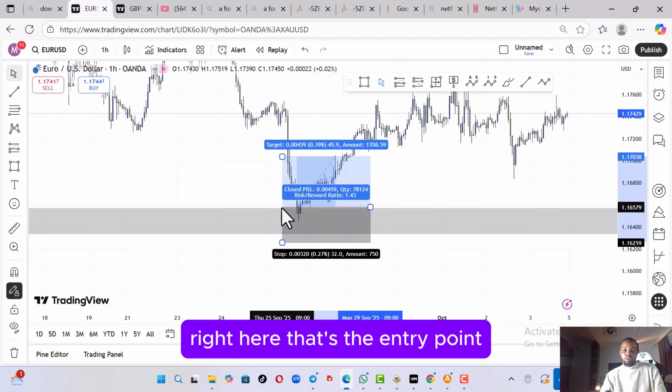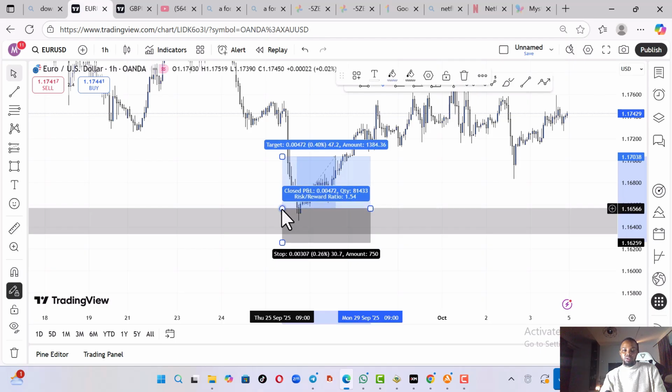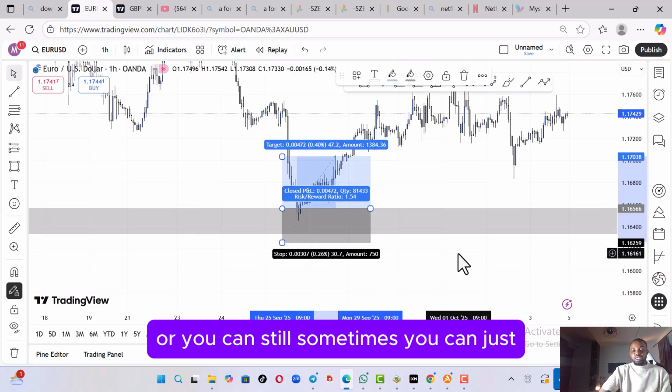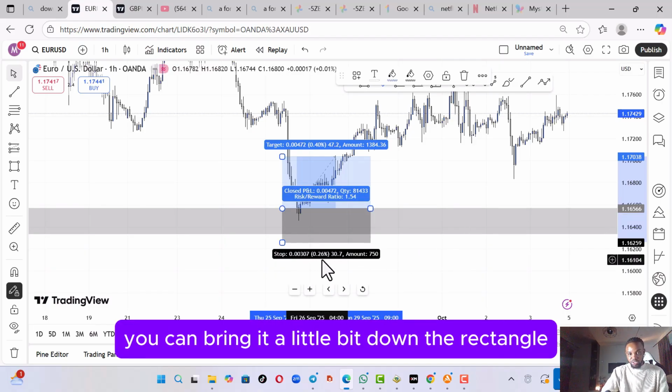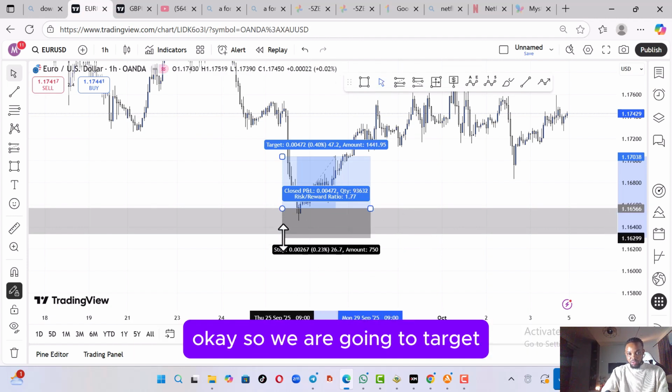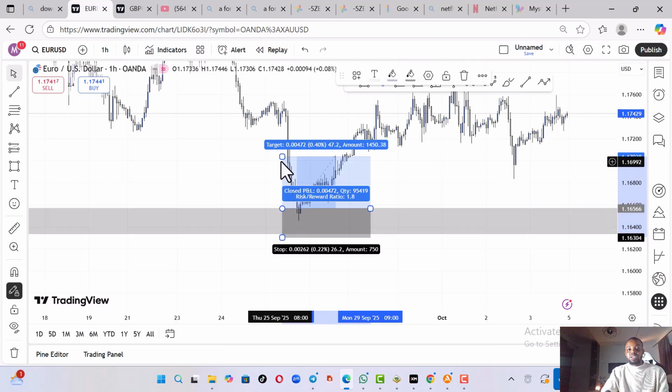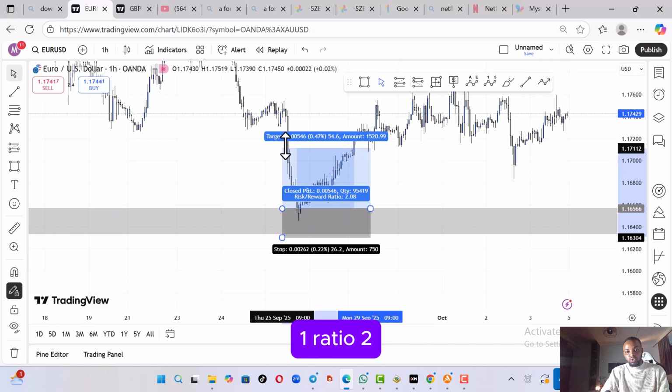Right here, that's the entry point. Sometimes, depending on your analysis, you can bring the rectangle a little bit down. Okay, so we are going to target 1:2.